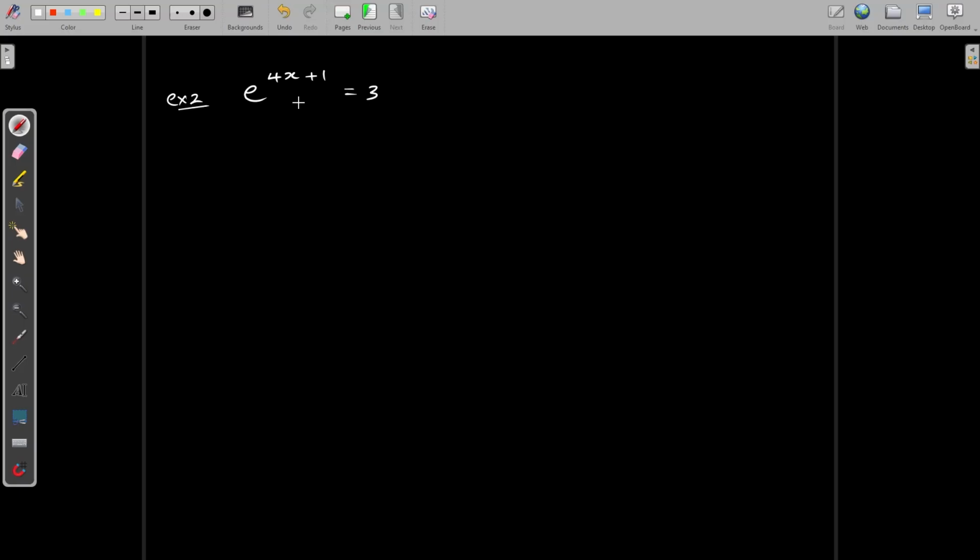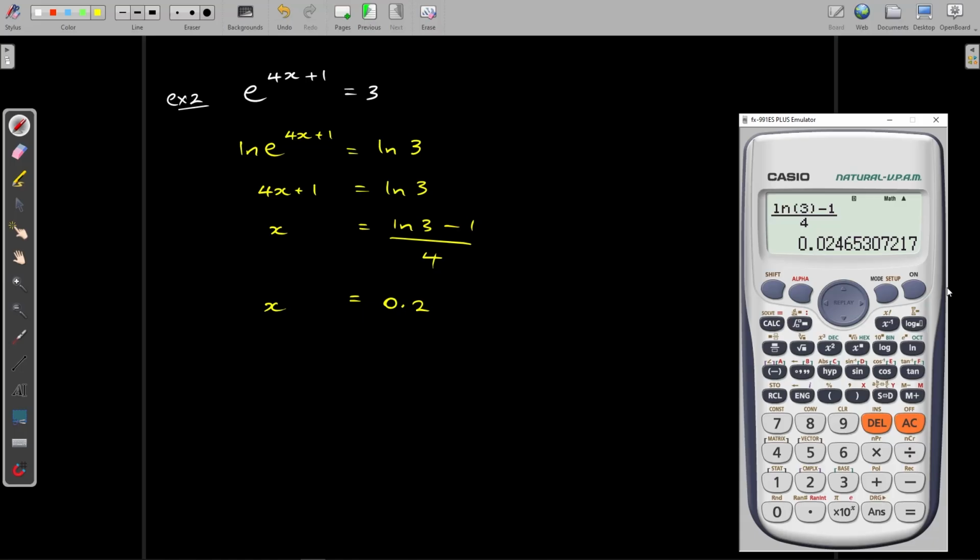Alright, so we can take ln of both sides. So 4x plus 1 equals ln 3, x is equal to (ln 3 minus 1) over 4, and whatever answer we get, that's our answer. Because this is the answer I'm getting here, 0.025.